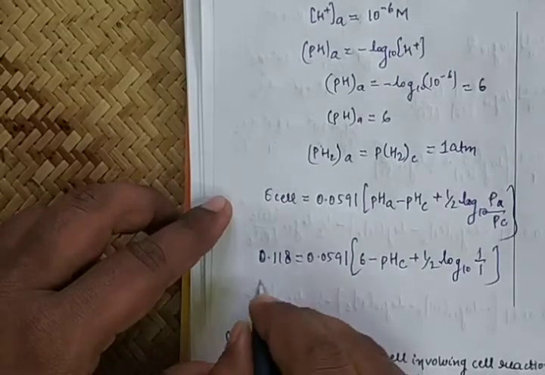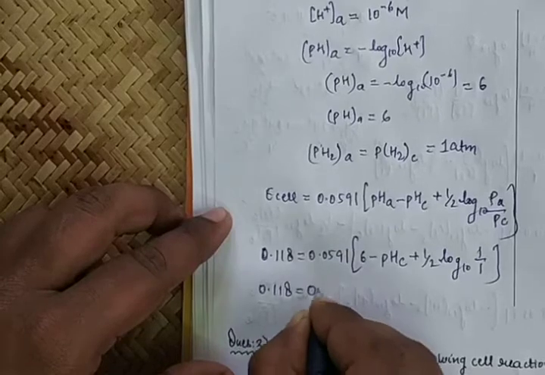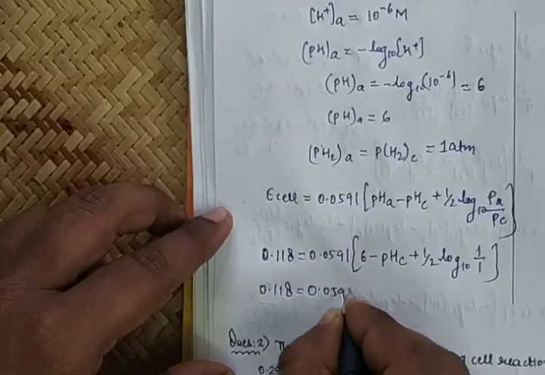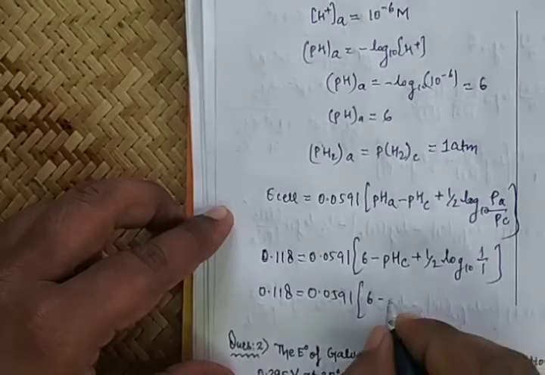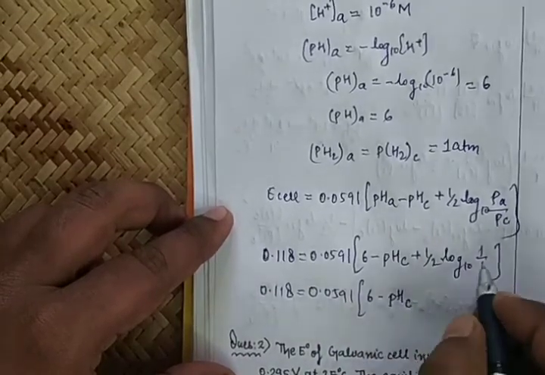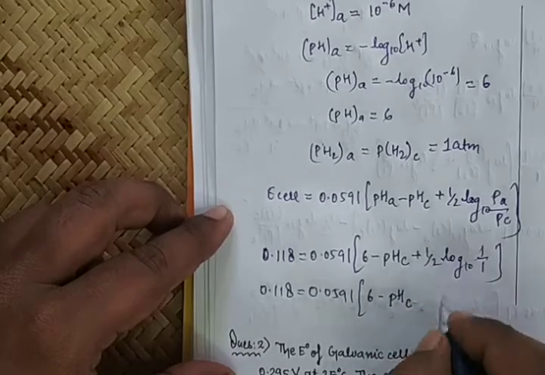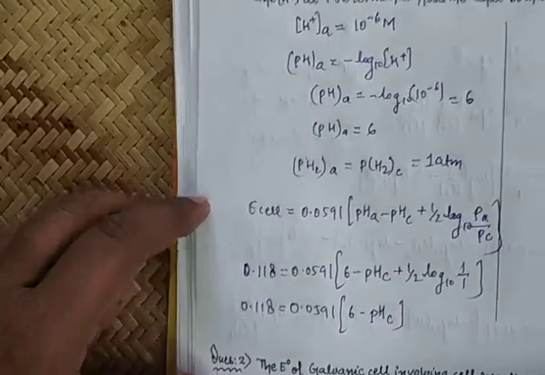Okay, now 0.118 is equal to 0.0591 times 6 minus the pH of the cathode, and you know log 1 value is 0. So 0 multiplied by half is 0.